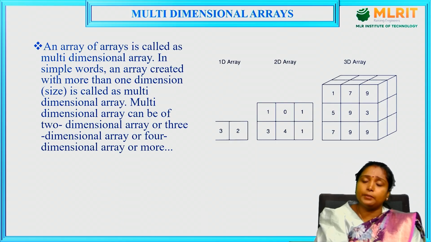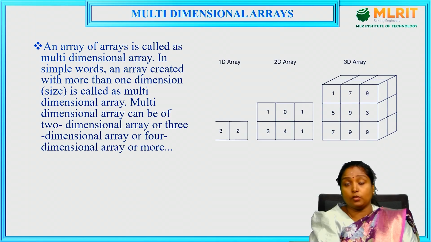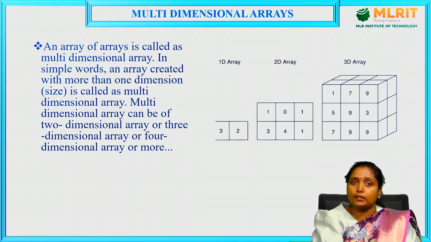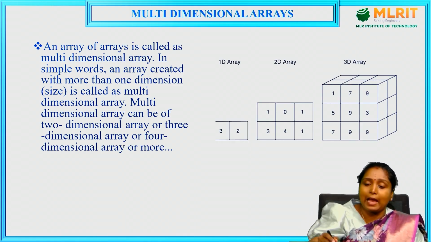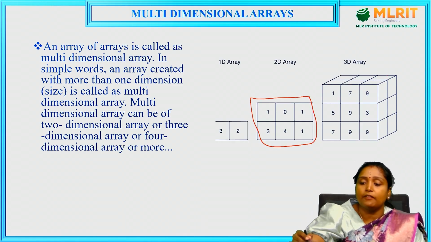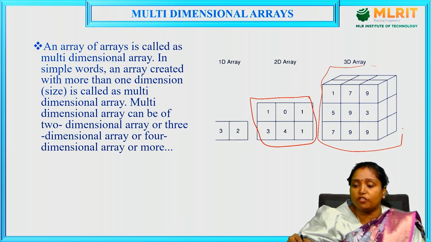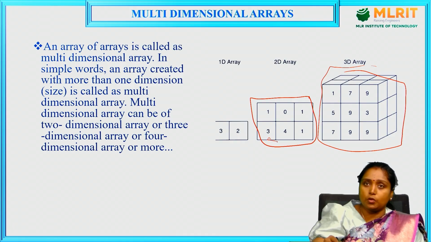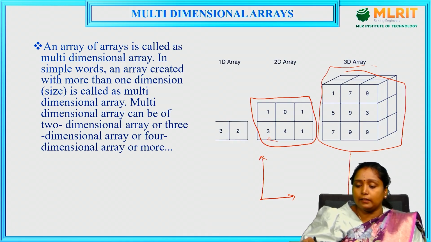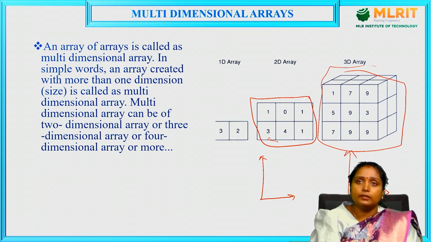Multi-dimensional arrays can be of any type: 1D arrays, and more than one dimension, which is 2D arrays, 3D arrays, 4D arrays, and many more. 2D arrays are in a tabular format, while 3D arrays form in real time. With 2D arrays, we have X and Y axes. With 3D arrays, you have three dimensions: X, Y and Z also. This is how we use multi-dimensional arrays.